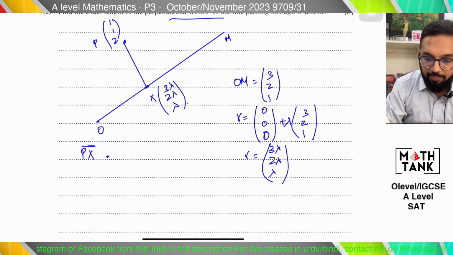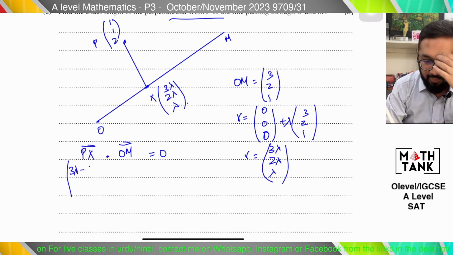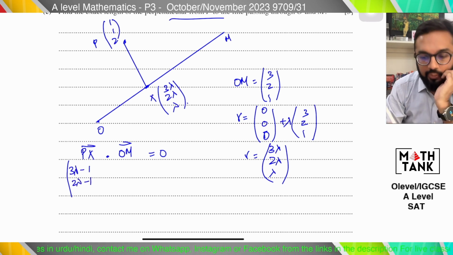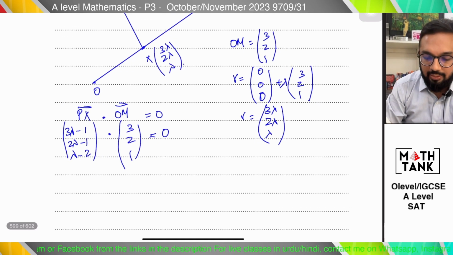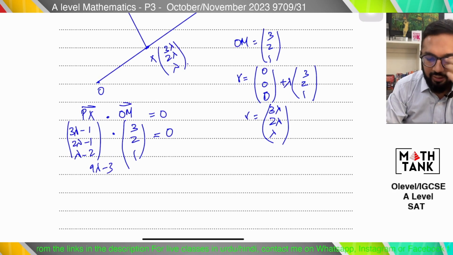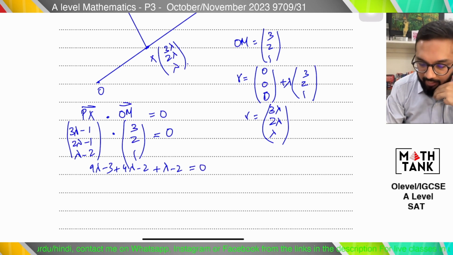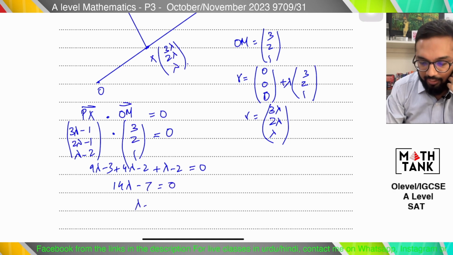So PX will be perpendicular to OM. PX is OX minus OP, so 3 lambda, 3, 2. 9 lambda minus 3 plus 4 lambda minus 2 plus lambda, 14 lambda minus 7. So lambda is half.